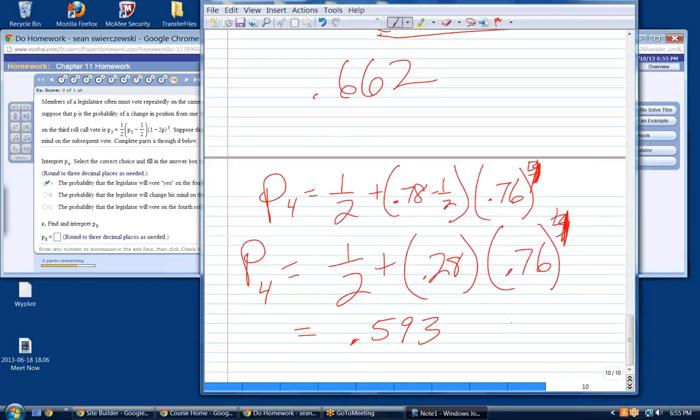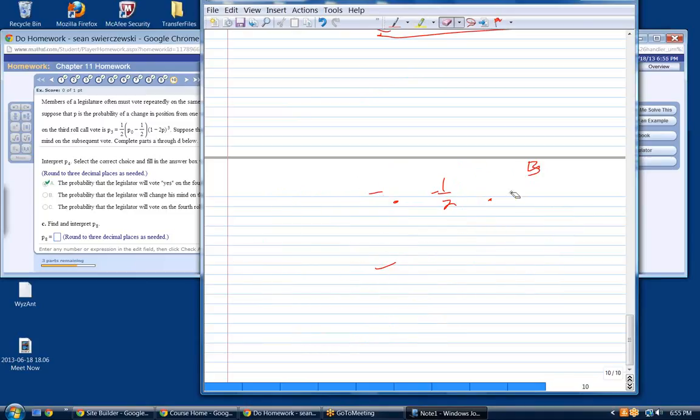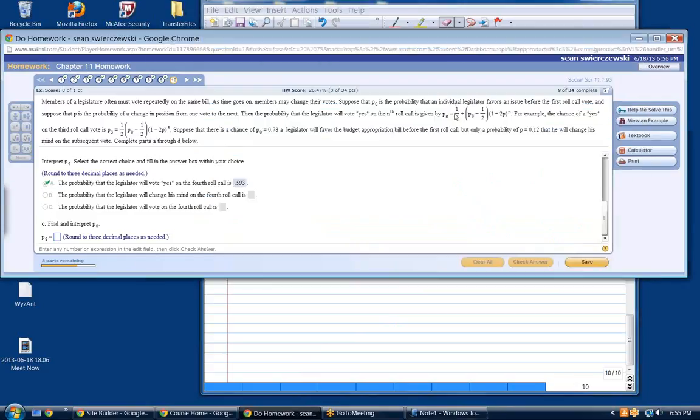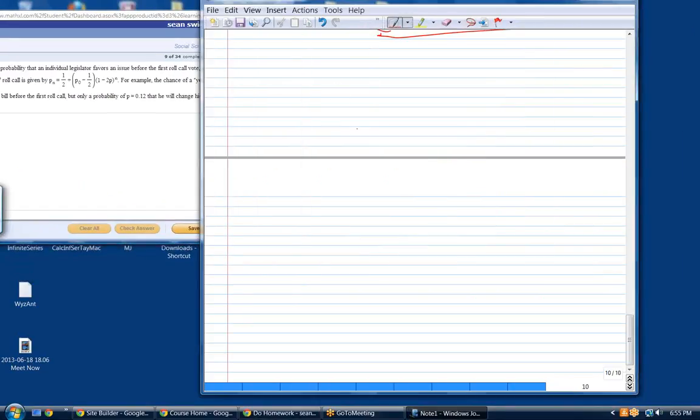Find and interpret P sub 8. Wow. Yeah, they're a bit excessive here and making us do all this arithmetic, but it's just plug in. That's all it is. So there's the P sub n. Let's move this over to there. P sub 8 equals 1/2 plus, what is that, 0.78?